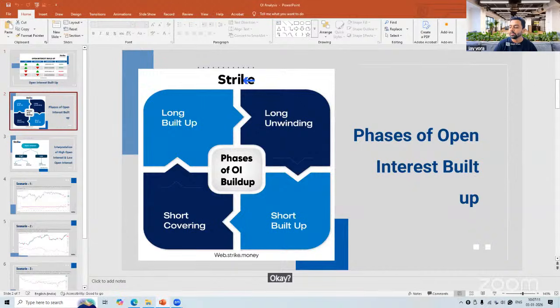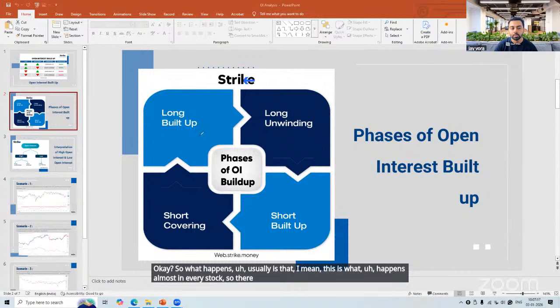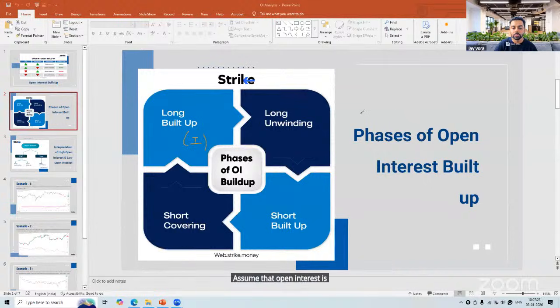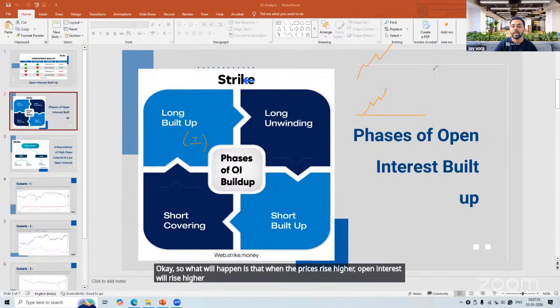So what usually happens, and this is what happens almost in every stock, is that there are phases. Which means that phase one is, assume that open interest is towards the lowest. So what will happen is that when the prices rise higher, open interest will rise higher. Okay, and this is the phase of long buildup.